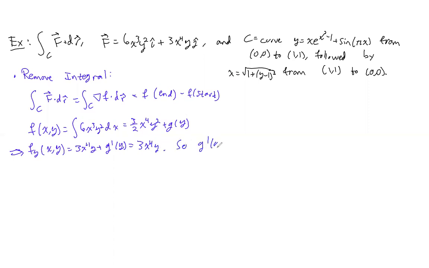So g prime of y is 0. And so we can say that f(x, y) is, excuse me, I messed it up already, it's 3 halves x to the fourth y squared.